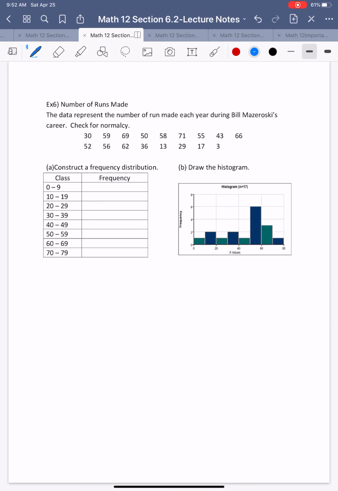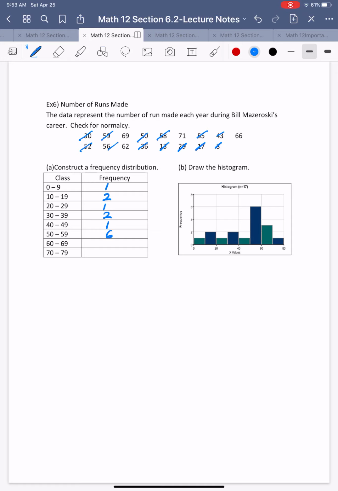For 0 to 9, there's 1. For 10 to 19, there's 2. For 20 to 29, 1. For 30 to 39, there's 2. For 40 to 49, 1. For 50 to 59, 1, 2, 3, 4, 5, 6.